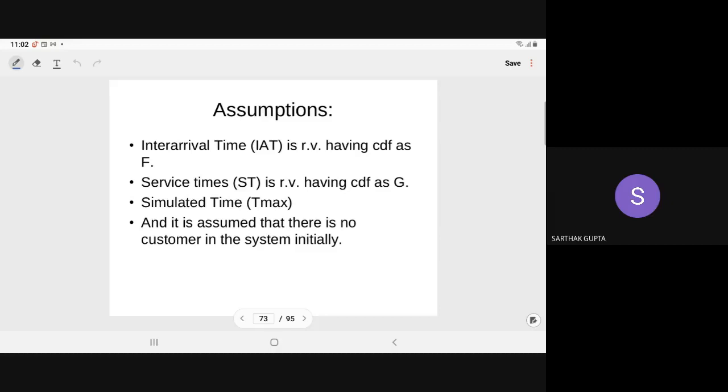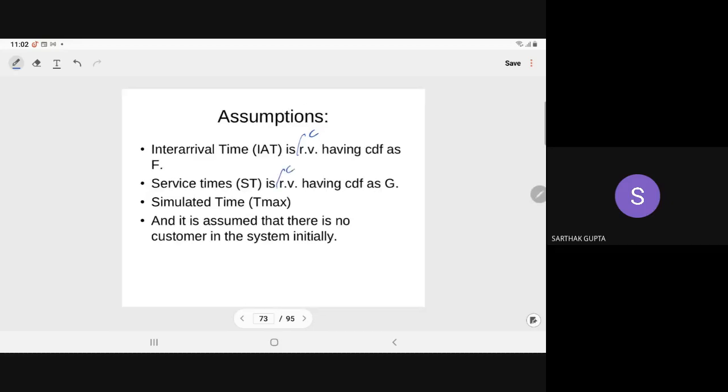Interarrival time IAT is a continuous random variable having the CDF capital F. Similarly, the service time is also a continuous random variable having CDF G. And the maximum time we are taking for the simulation is T max, meaning up to what time we have to generate the customers, give the service to the generated customers, and compute the performance measures.